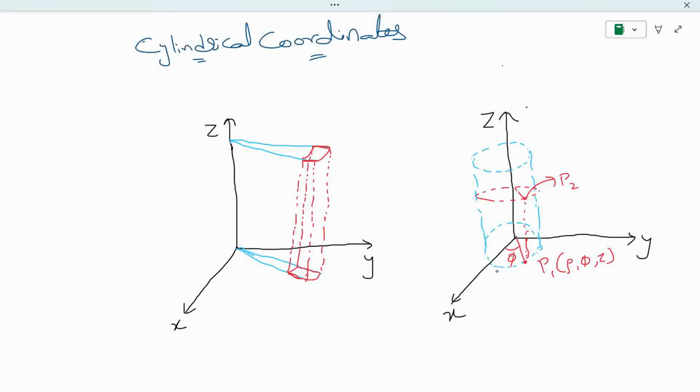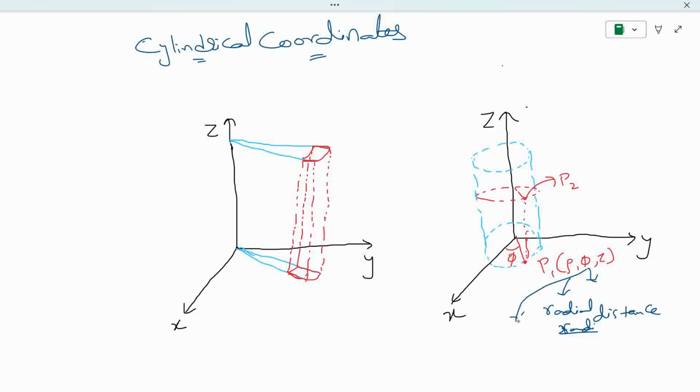In cylindrical coordinates, we have rho, phi, and z. Here, rho is the radial distance. This is the azimuthal angle phi, and it is always measured from the positive x-axis in the anti-clockwise direction.